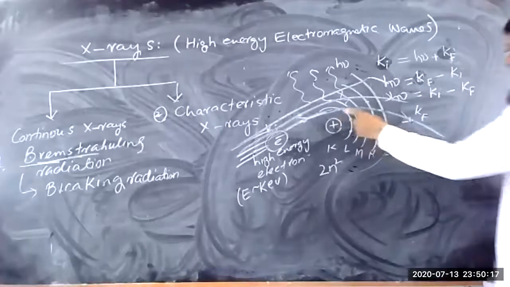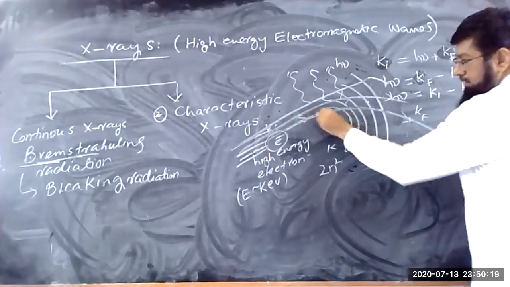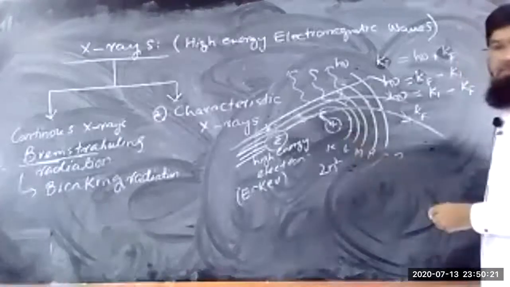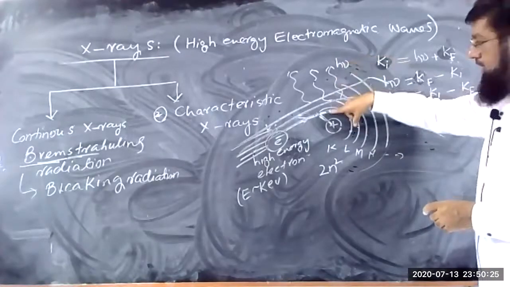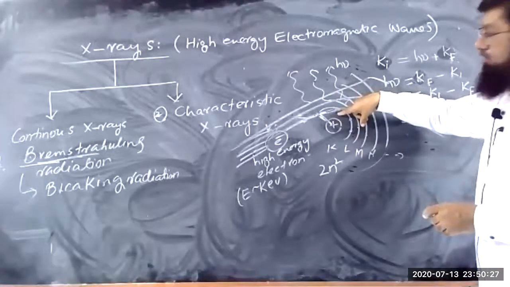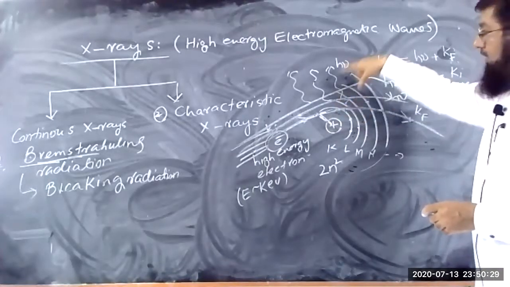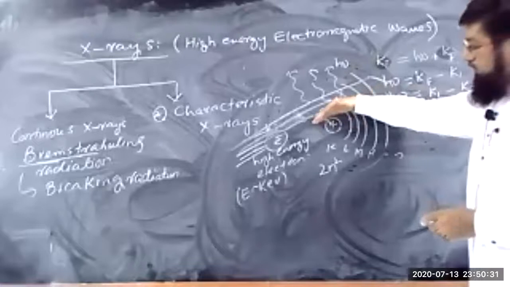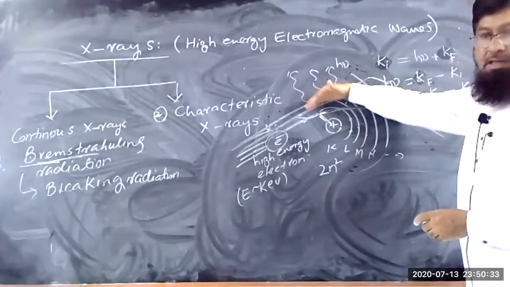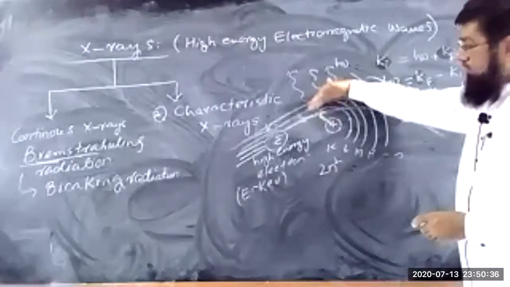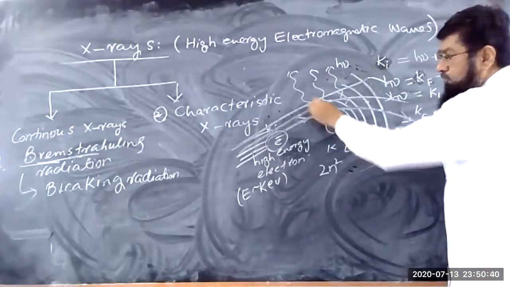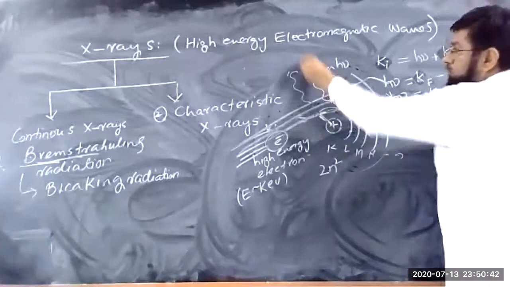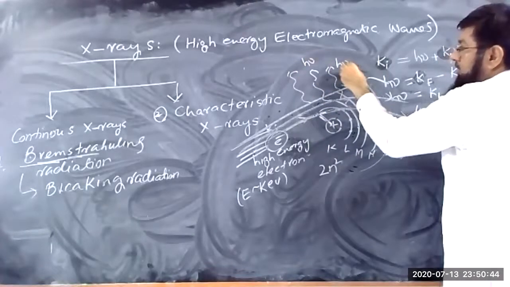It means if this electron passes near the vicinity of the nucleus, the change in its kinetic energy is larger, so it radiates more energy. If the impact parameter, meaning the distance from the nucleus, increases, the Coulomb force decreases, which means the energy decreases.